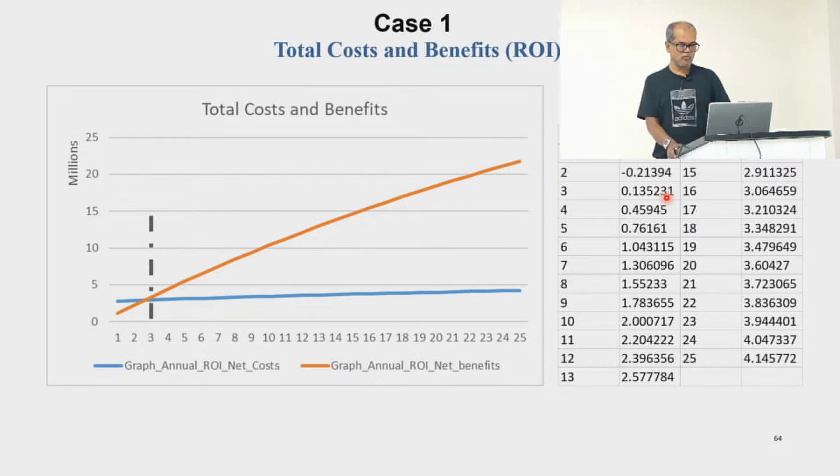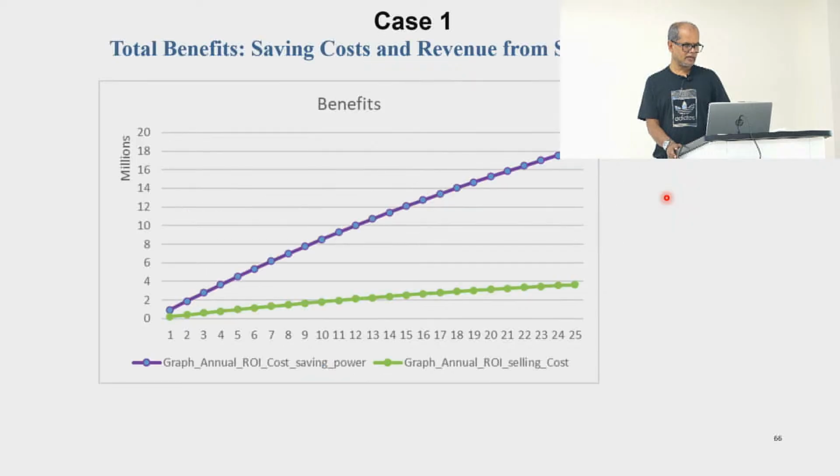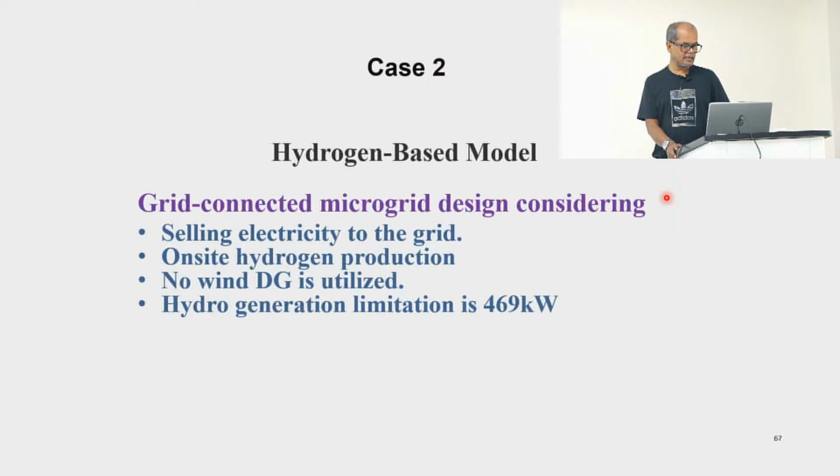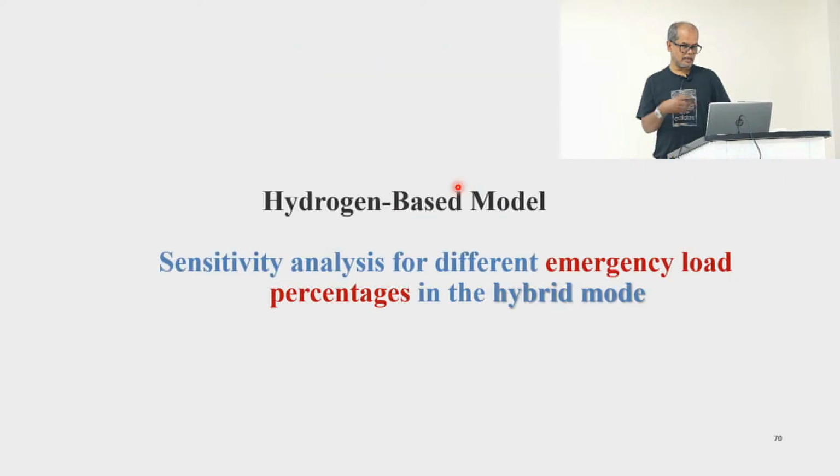So this is one index, but as I said, we also did total cost benefit analysis, both for non-hydrogen and hydrogen based. Here it takes quite longer. That one is 2 years, but this takes 8 years just to break even, and after that it's going to be profitable. So hydrogen is definitely a more expensive option than the other technologies.